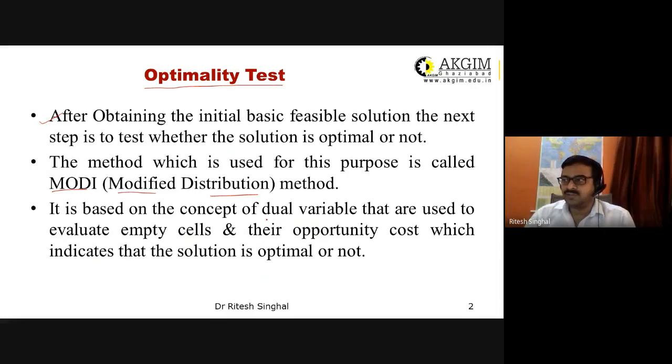It is based on the concept of dual variables that are used to find the opportunity in a particular cell. Every cell is a route, so we calculate the opportunity in each cell, which indicates whether your solution is optimal or not. If it is optimal, then it's okay. If it is not optimal, then we have to make it optimal.